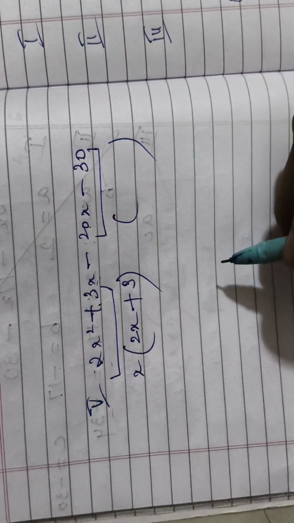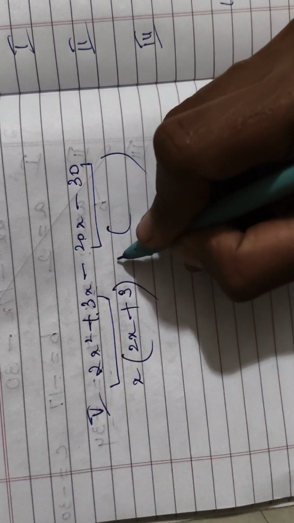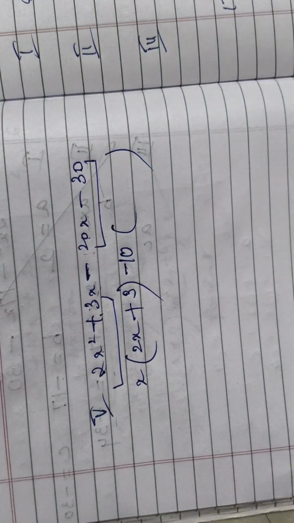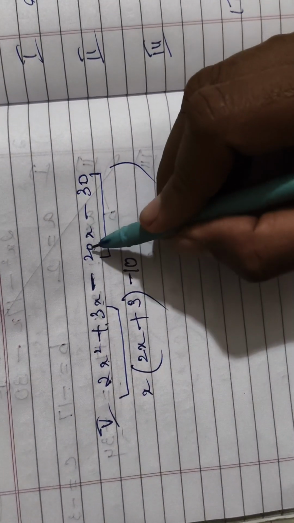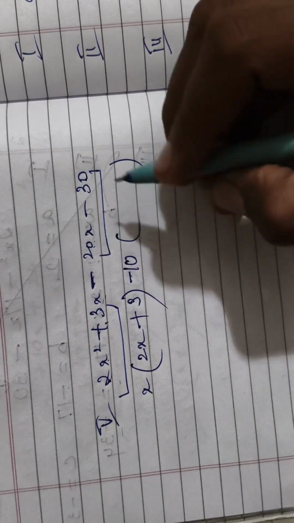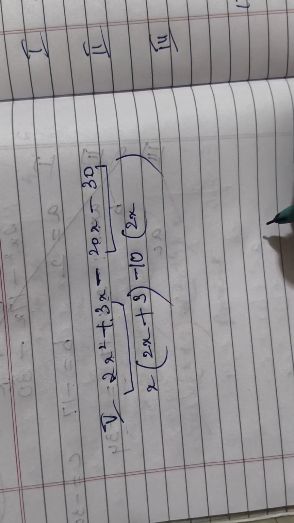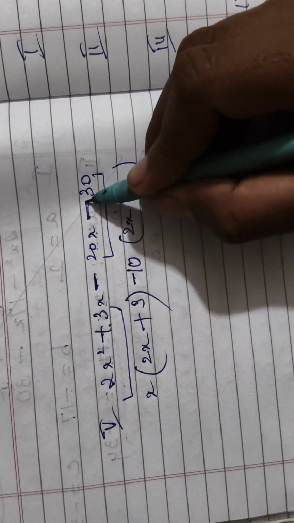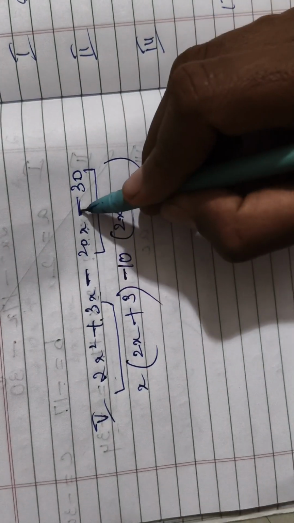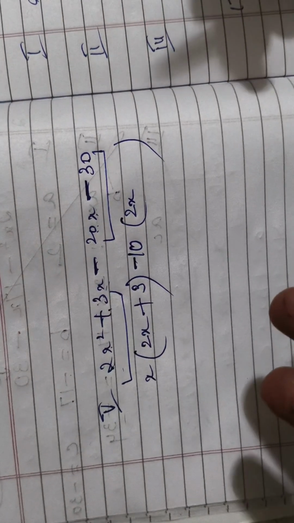Now between 20 and 30, what is common? Very simple. 10 is a common factor. So I'm going to take 10 outside. Let me put the same minus here itself. Now if 10 goes out, how many times is 10 in 20? It is 2. And there is an x here. We have not taken that out as a common factor. I have told you before also, when a minus comes outside, the sign inside gets reversed.